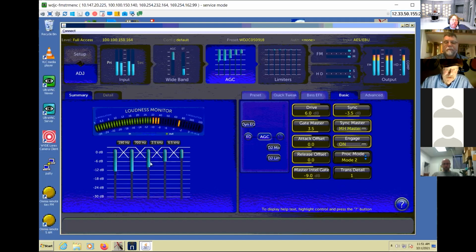Remember that in this case, you're changing the drive into a state machine that has a fixed limit. Another way of looking at it is you've only got 100% worth of modulation to play with. So if you pump a lot of bass into it, you're stealing that much from the other channels. It's the same if you decide you want to be the brightest thing on the dial, so you kick up your audio at 10 kilohertz. That's fine. You're going to lower your overall volume because you've only got so much modulation to work with.